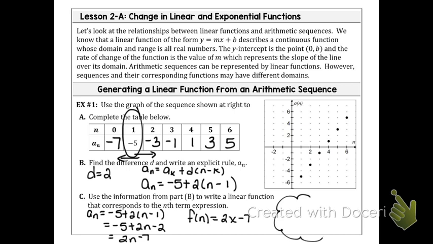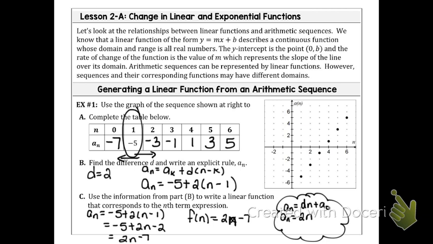Now if you look at this, this fits our general rule, okay? So remember our general rule was a sub n equals dn plus the 0th term. And so we'd have a sub n equals d, which is 2n, which I should have put an n here, not an x, I apologize. If I'd put x there, then I should have put x in f of x.